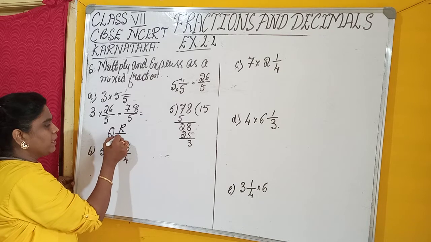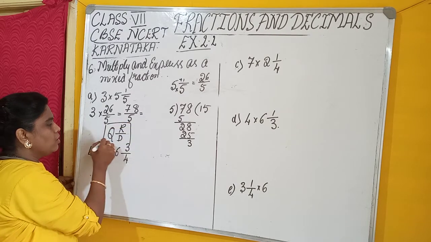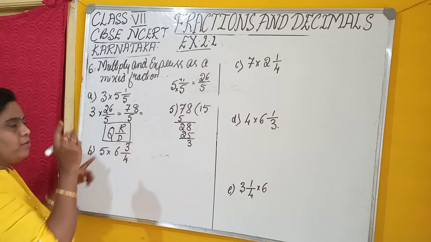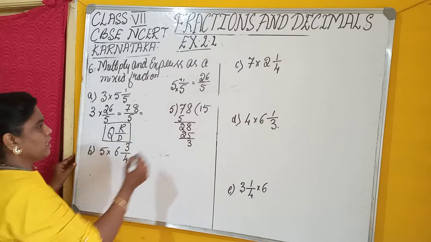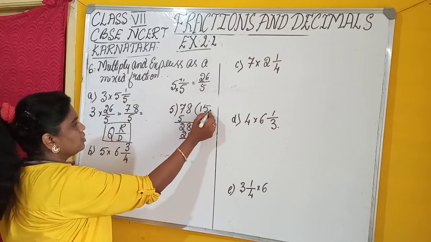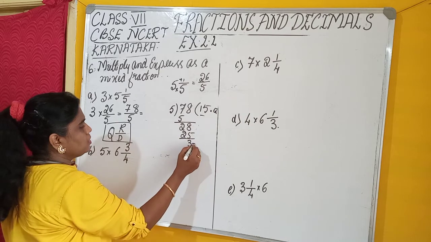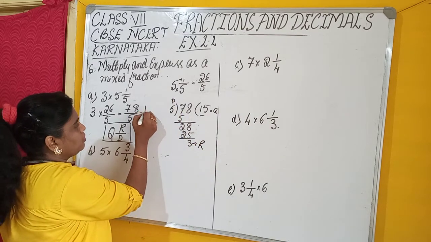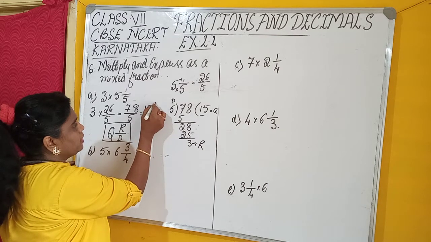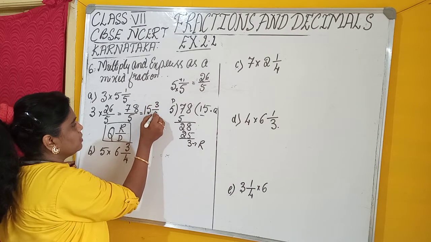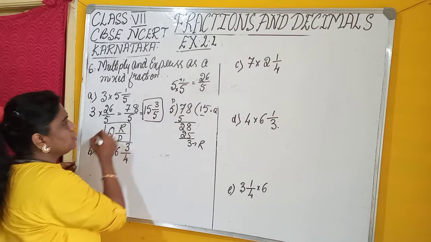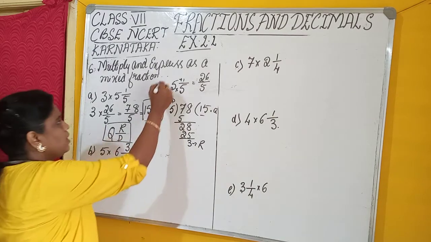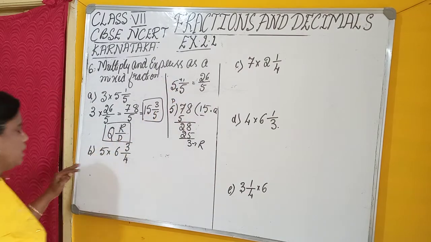Q R by D is nothing but quotient, remainder by divisor. This is quotient, this is remainder and this is divisor. First write quotient, remainder 3 by divisor. Okay students, understood? It's very easy, simple steps are there.